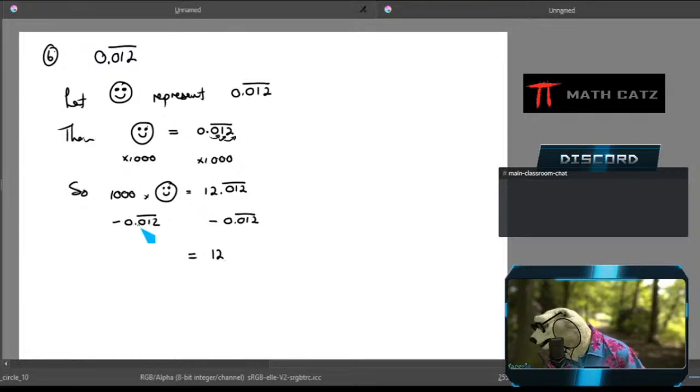It's my job to go and say, ooh, okay, up here, these two things are actually equivalent. The 0.012 repeating and the smiley face, they're the same thing, equal sign, same thing. So I'm just going to speak the right language for them to understand what I want to take away. I want to take away a smiley face. Oh, okay. Let's do it. We have 999 left.